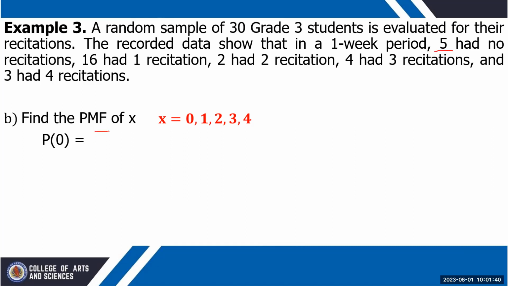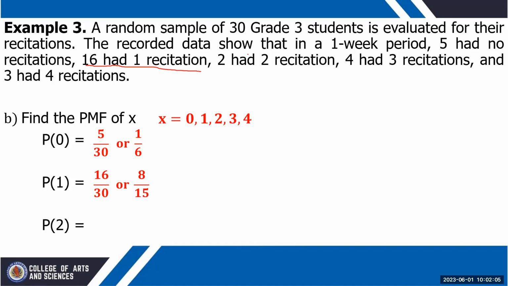So, that's 5 out of what is the sample space? Ilan ba silang lahat? 30. So, that's 5/30. So, we get 1/6. Sunod, 1 naman. Ilan ba yung nakakuha ng isang recitation? So, we have 16. So, 16/30, that's 8/15.